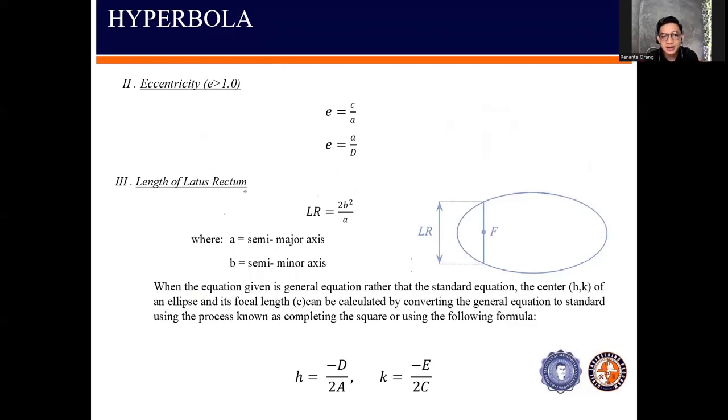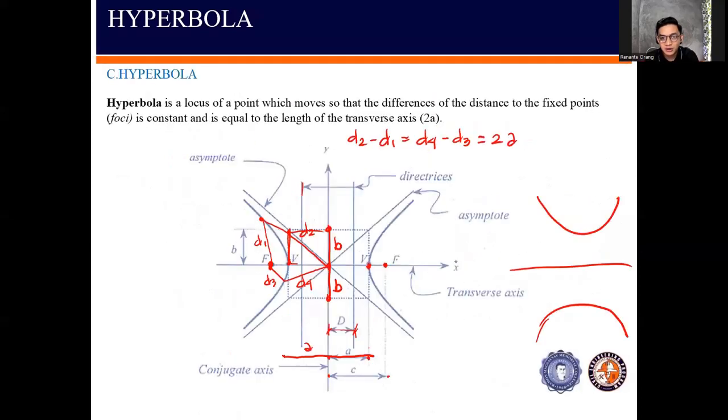The last one, length of our latus rectum, same lang din po sa ating ellipse. Same lang yung figure, but when we are talking about our hyperbola na drawing, this is our LR or latus rectum. So it is a line which passes through our focus and our hyperbola.